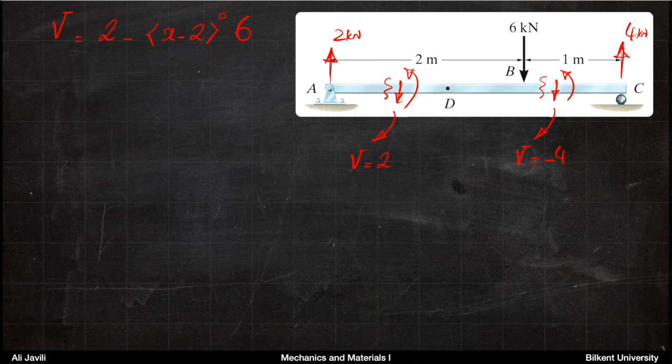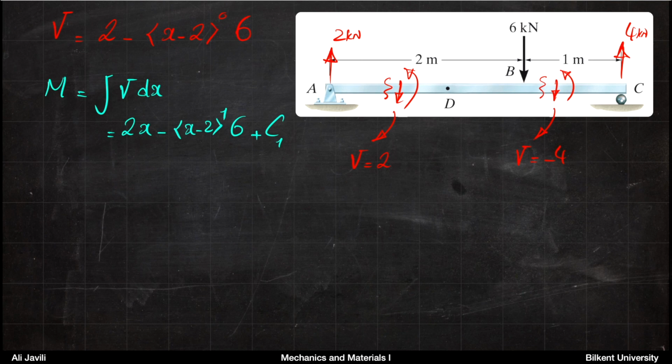So for any point larger than 2, you get a shear force of -4, which is exactly what we want. This is possibly the most important and most crucial part of the discontinuity functions and how you need to use them. If you write this one line correctly, the rest is fairly simple.